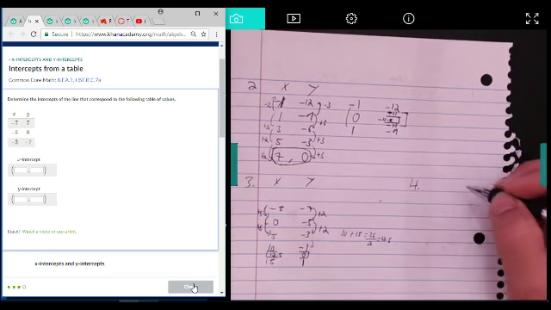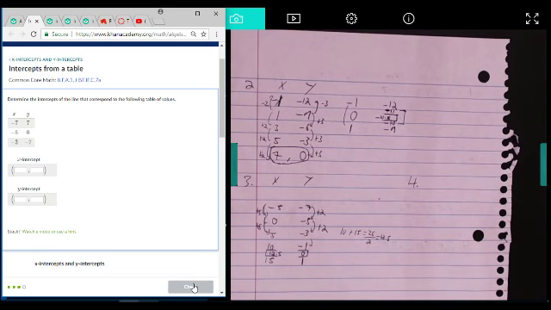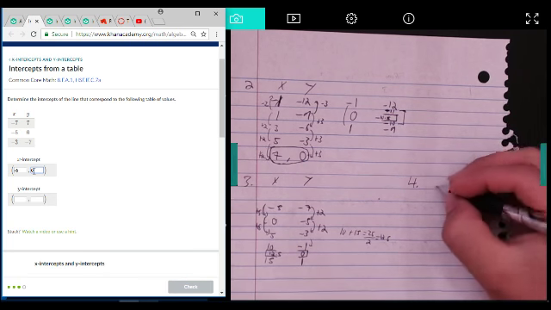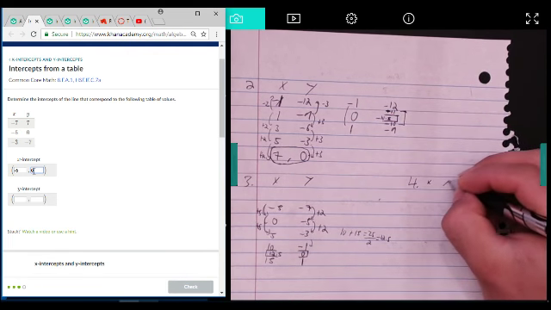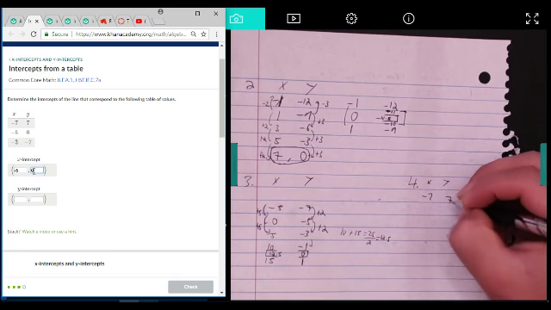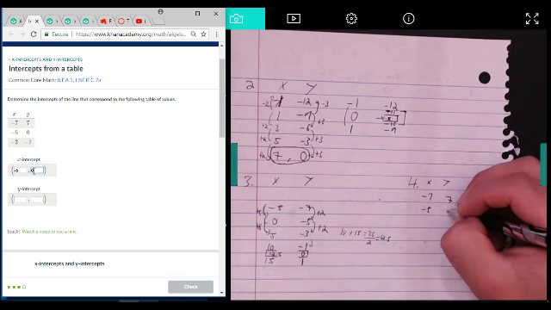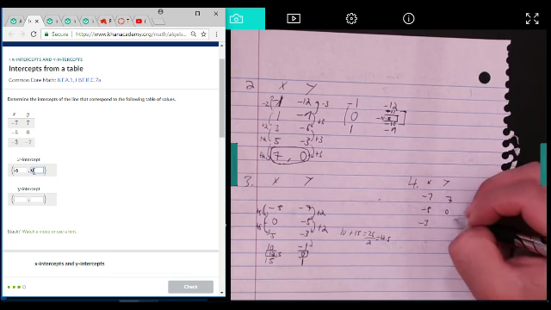I'm fine with using space efficiently. So -5, 0. So we have the x-intercept already. But we need to find the value when x equals 0. So we'll have x and y. We'll have -7 and 7, -5 and 0, -3 and -7.